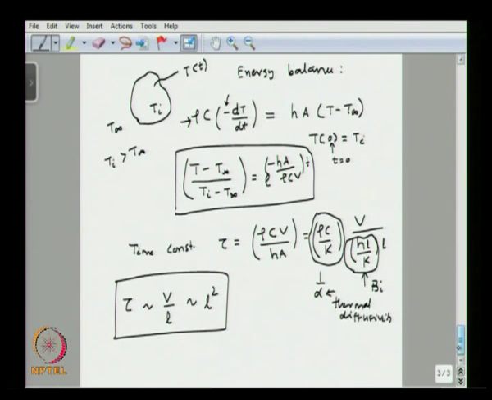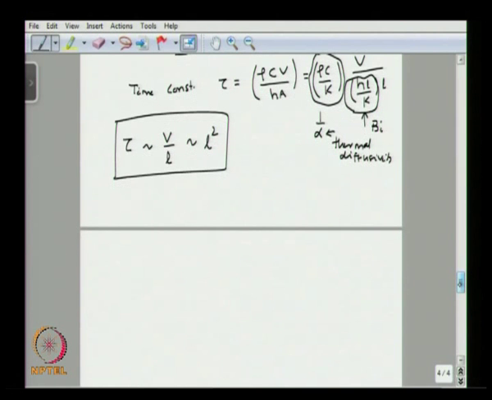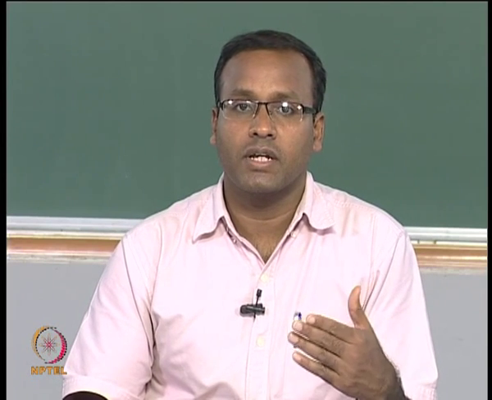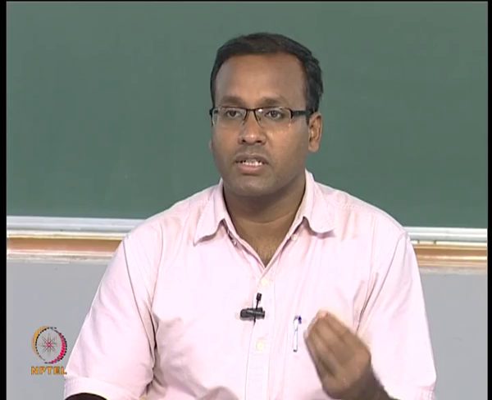So, what we see here is that as the system is reduced in size, as L is reduced, the time constant is going to reduce. So, this is a very important conclusion, where the length scale L reduces, the time constant reduces. This is the reason why we try to make the thermal sensors smaller and smaller.